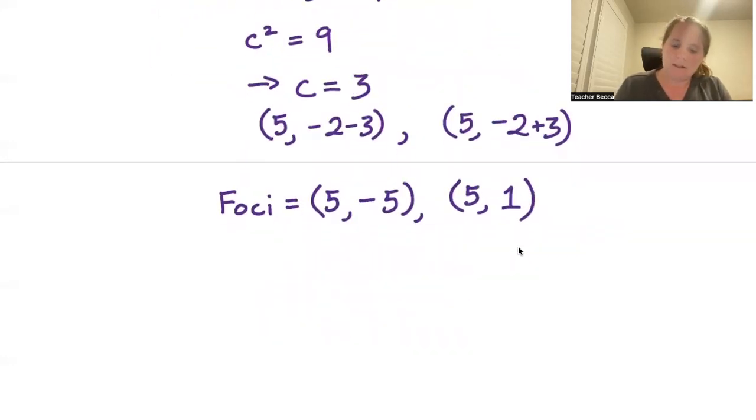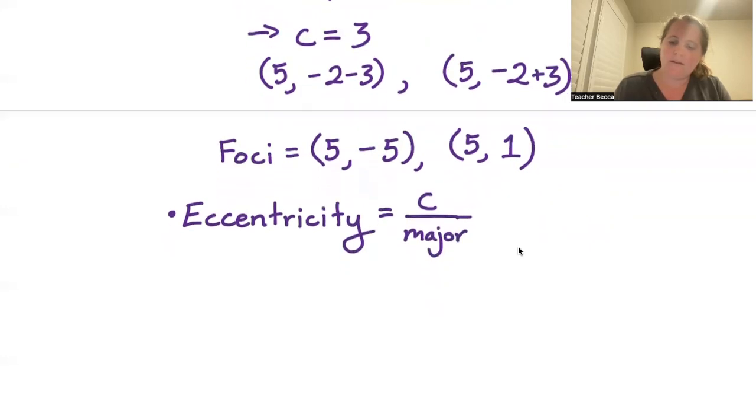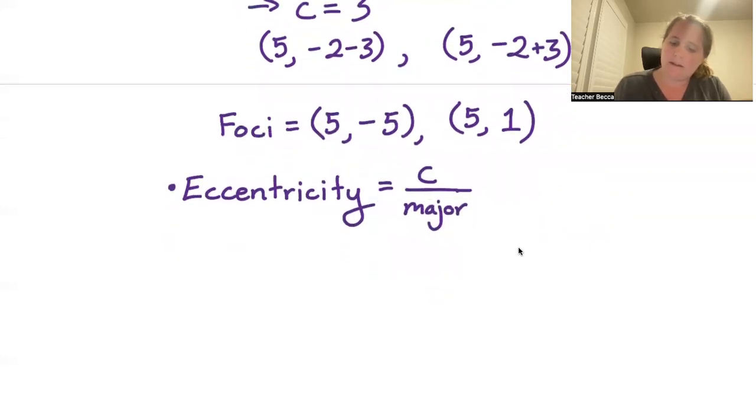Our eccentricity is c over our major radius. So we are looking at 3/5 is our eccentricity.